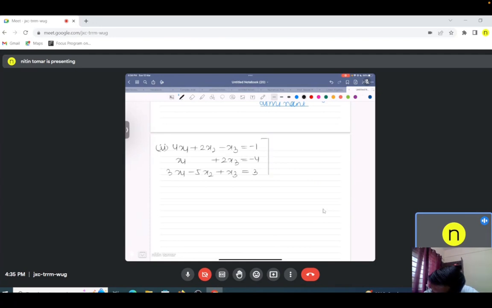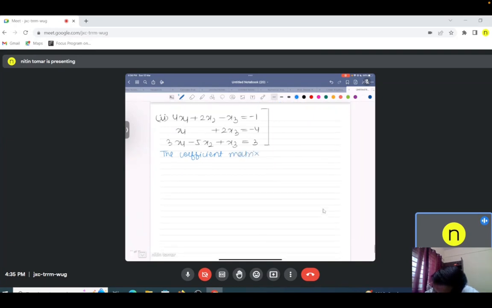You know what will be the coefficient matrix? See, the coefficient matrix A will be 4, 1, 3, 2, 0, minus 5, minus 1, 2, 1, right?